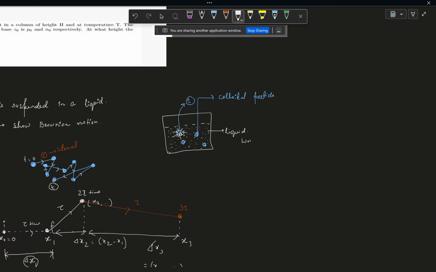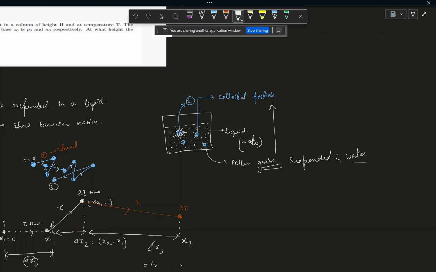So you can choose your liquid medium here to be water. And the pollen grains are these blue balls here. I'm just naming them so that it is easier to identify. These are the colloidal particles that I am talking about, suspended in the background of this water medium.